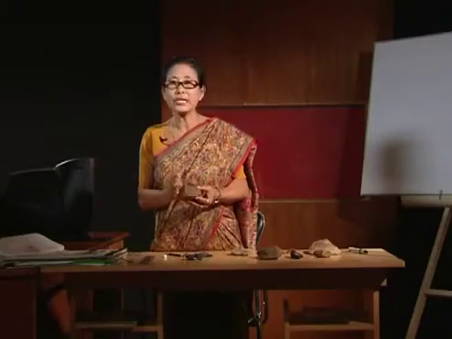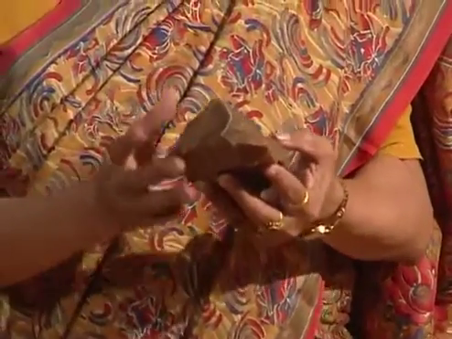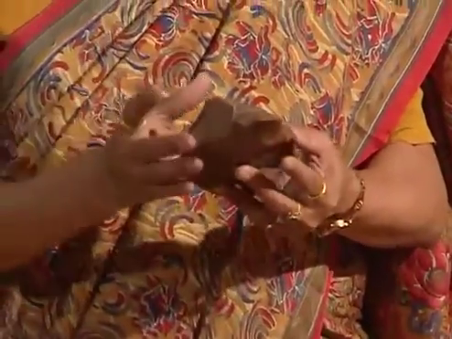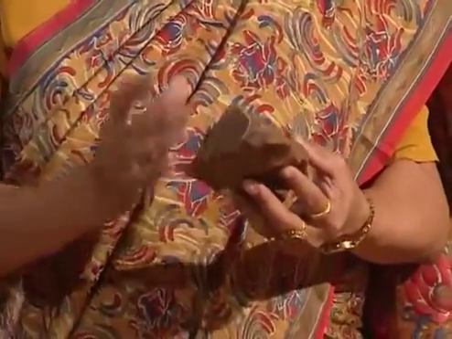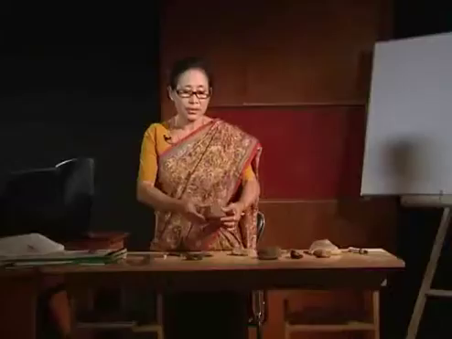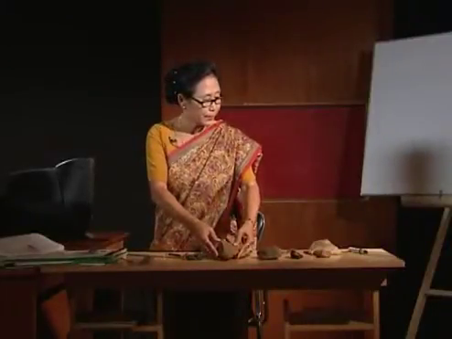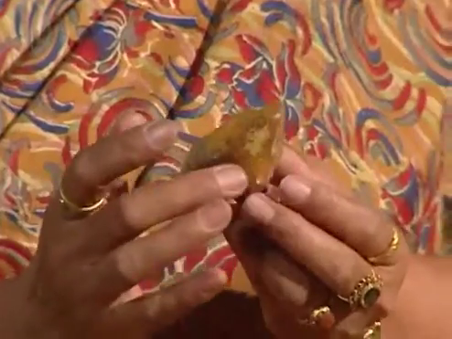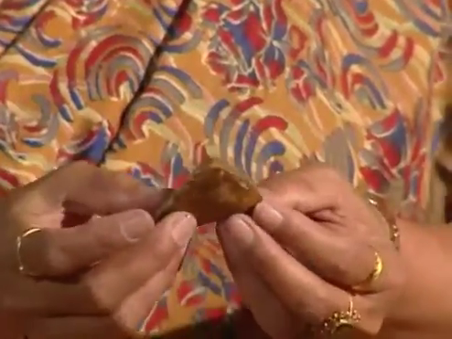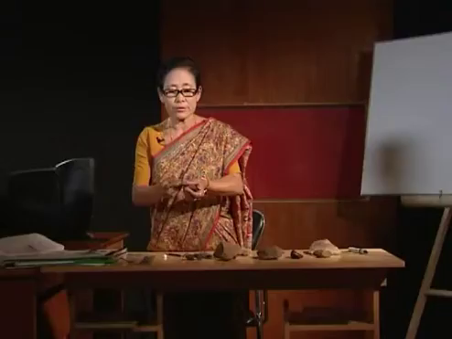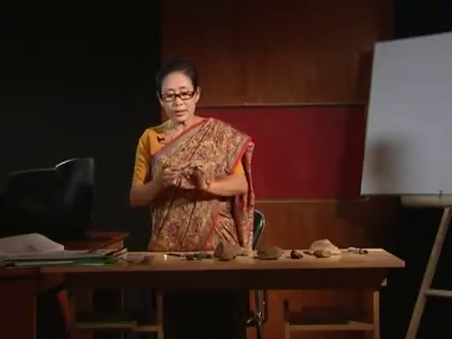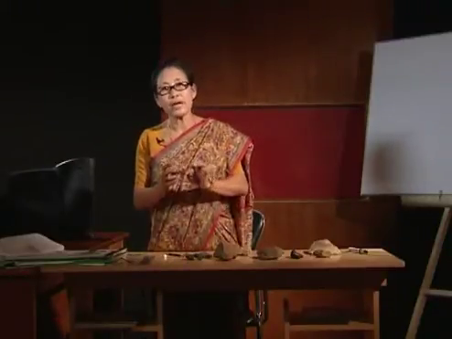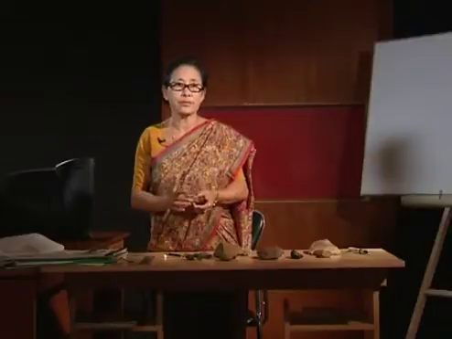Then we can easily understand that the area where this tool was manufactured is abundantly found or spread with quartzite minerals. Next, this is chalcedony. Then we can easily understand where it was procured from. I mean, the raw material is abundantly found in that area if we have mentioned it along with the museum number.